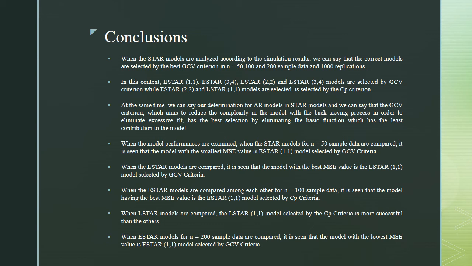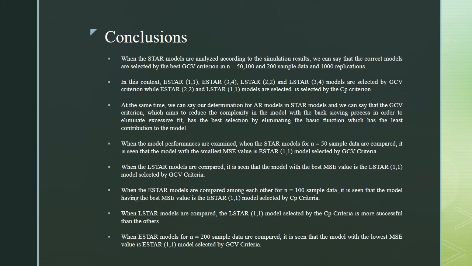When the model performances are examined, when the star models for 15 sample data are compared, it is seen that the model with the smallest mean square error value is the A star 11 model selected by generalized cross-validation criterion. When the Le star models are compared, it is seen that the model with the best mean square error value is the Le star 11 model selected by generalized cross-validation criteria.